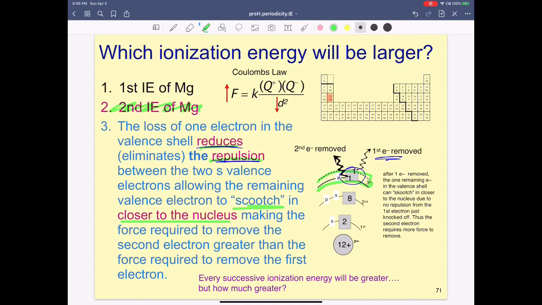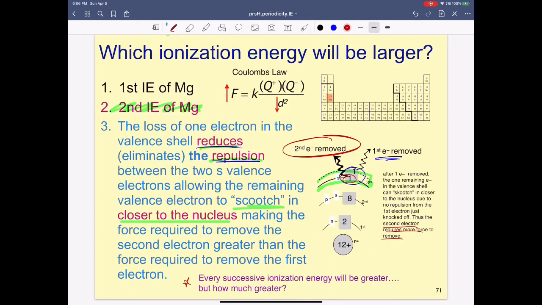That would then make the second electron that is removed need more force in order for it to be removed.